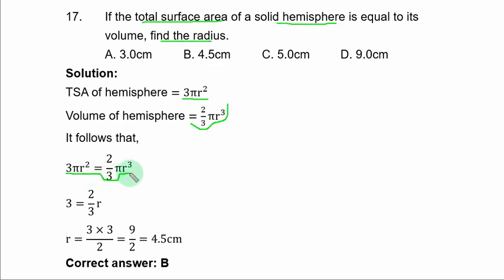You can divide through by pi r squared. If you do that, you have 3 equal to 2 over 3 radius. To get radius, first multiply through by 3, and you have 3 times 3 equal to 2 radius. Divide both sides by 2, you have 3 times 3 divided by 2, that is 9 over 2, and you have 4.5 centimeters. B is the correct option.